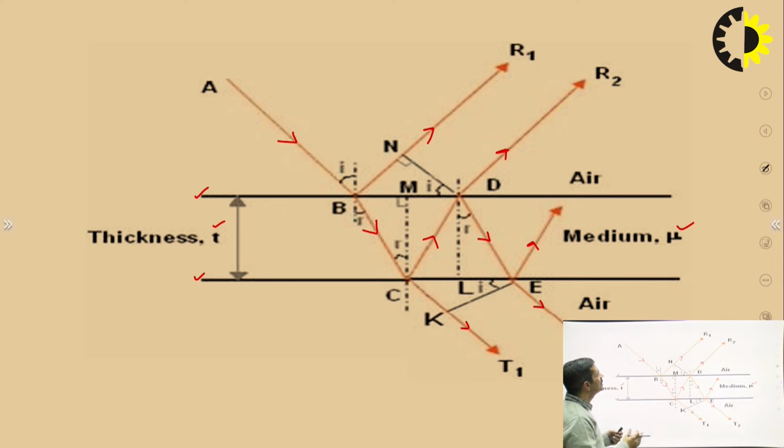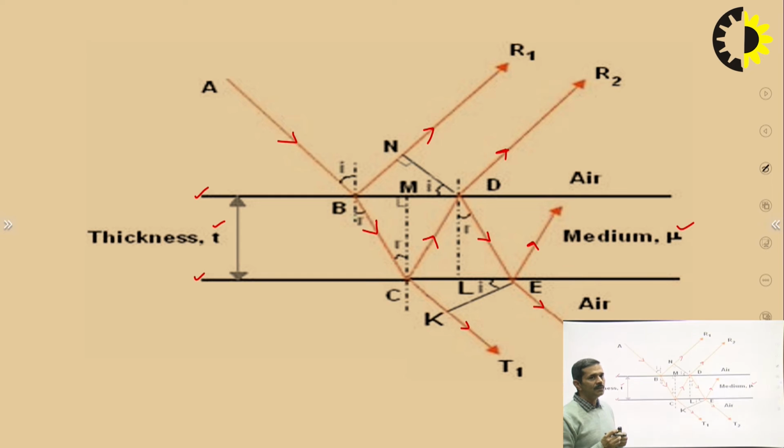If we consider these first two reflected light rays R1 and R2 interfering in space, then whether that part of the screen is dark or bright depends upon the path difference between the two reflected rays R1 and R2.